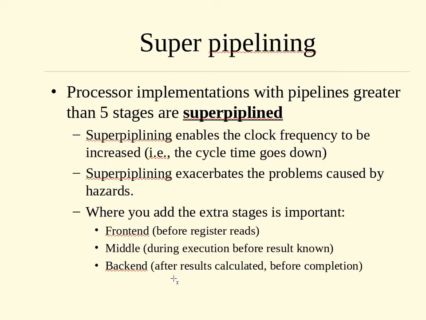But before we go into the other issues, let me talk about a couple other processor designs on top of this 5-stage in-order pipeline. We're not going to go into too much detail, but do keep this in mind because it'll be very important for Meltdown Inspector. So anything that has more than 5 stages is called super pipelined, which enables the clock frequency to be increased even more because you've chopped up all the stages into different cycles.